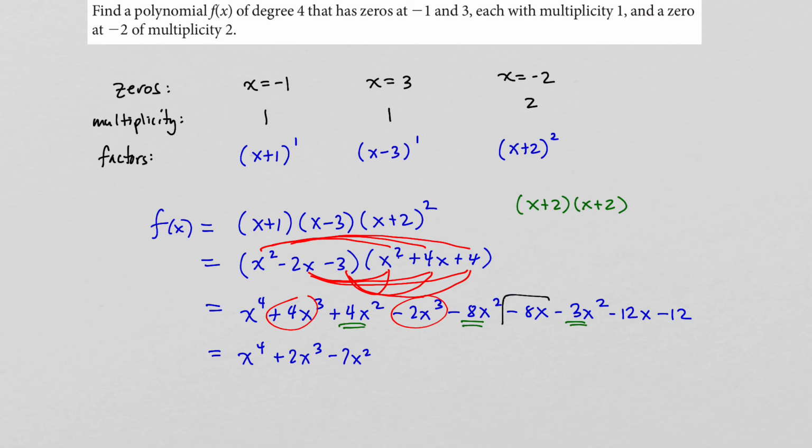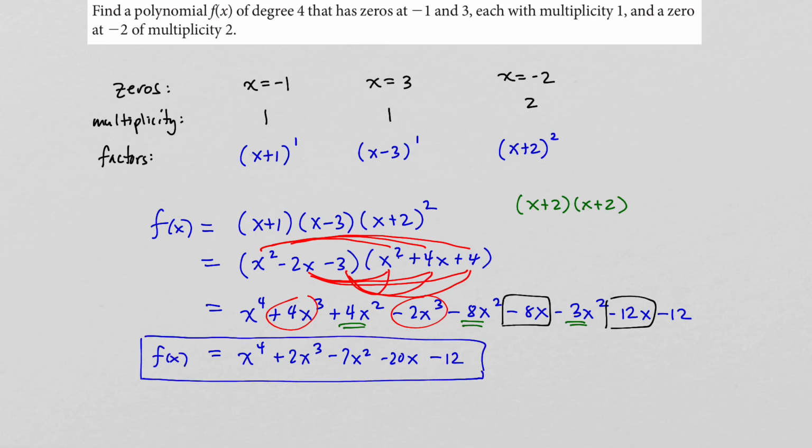And then we have negative 20x. And finally, minus 12. And so notice, in the end, what do you have? You have a polynomial function. The degree is 4. And we know that it has zeros as given in the beginning because we created this polynomial by multiplying those factors together.